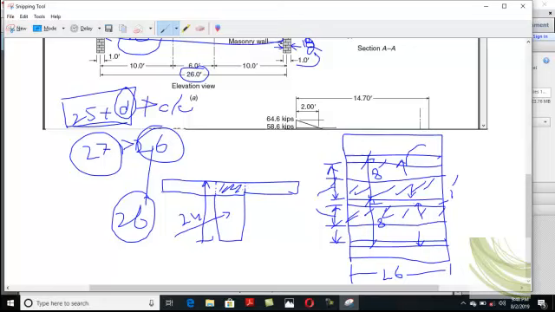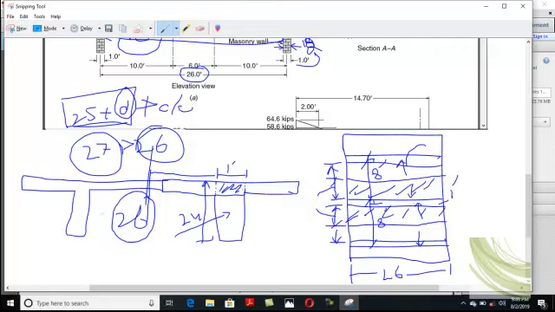So if there is another T beam like this, clear? How much load will come to this beam from your slab? You just need to divide your slab into equal parts, and the one part length will be up to this distance. This width is 1 foot.